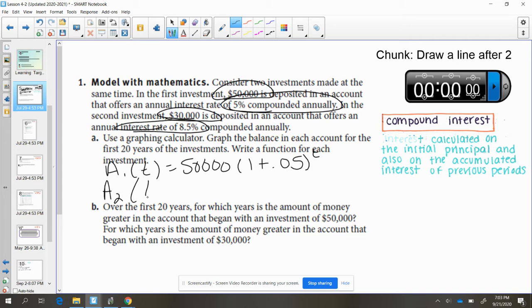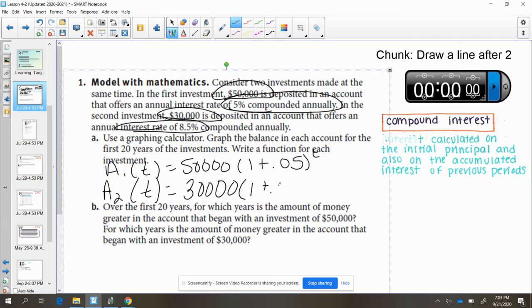And then we have our second account, right? And that's going to be the $30,000 account that gets a slightly higher interest rate at 1.085 and then to the t power, right?